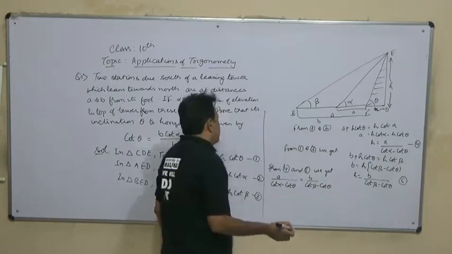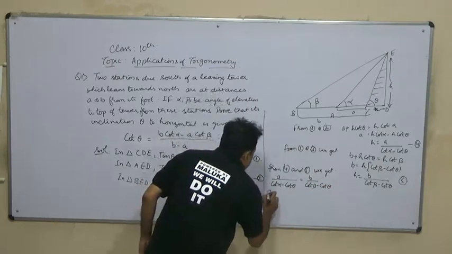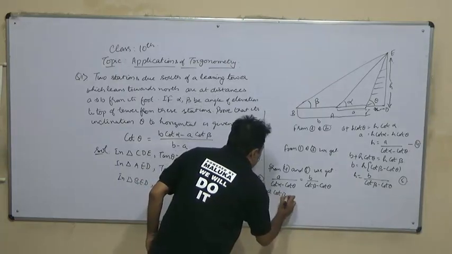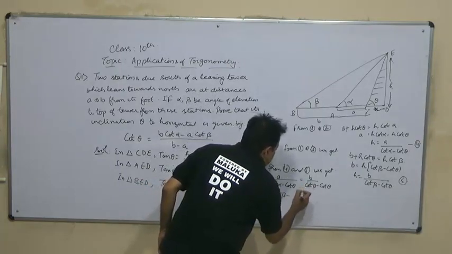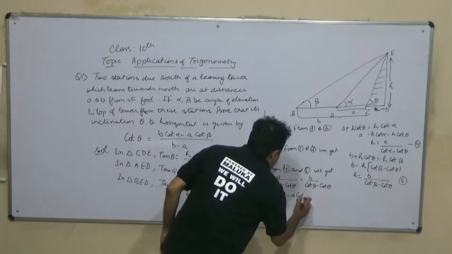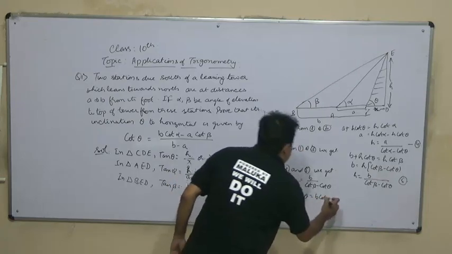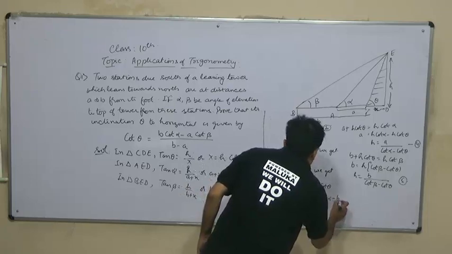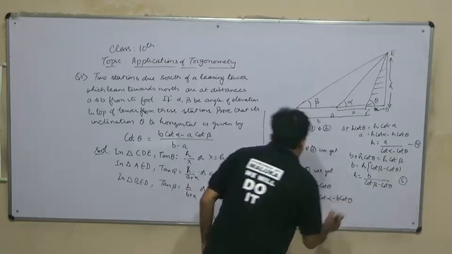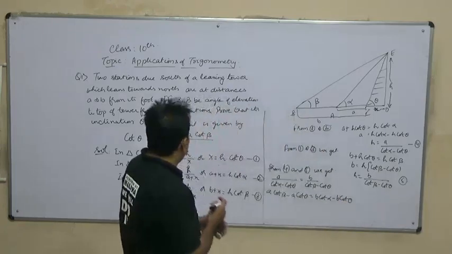Cross multiplying, you will get A cot beta minus A cot theta is equal to B cot alpha minus B cot theta. Now what do you want in the answer?